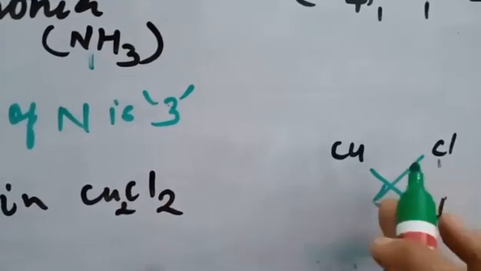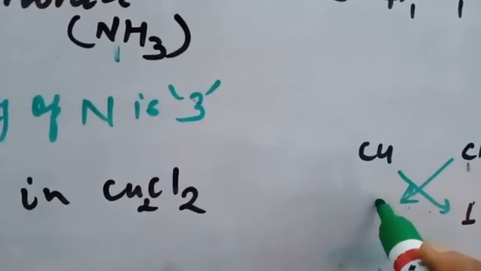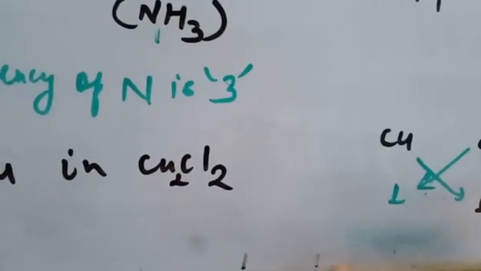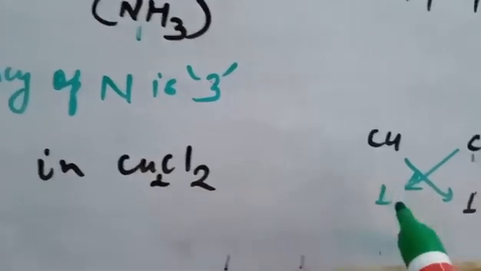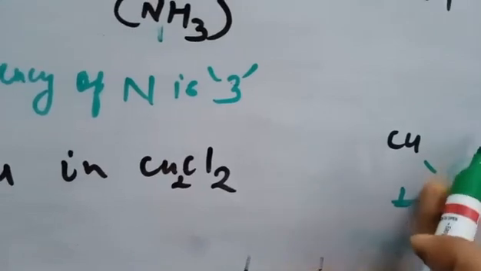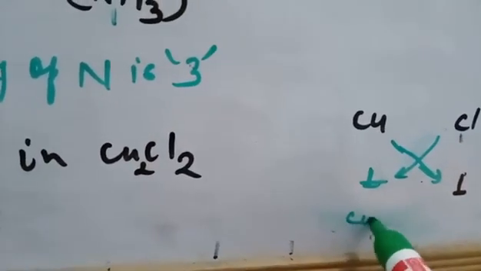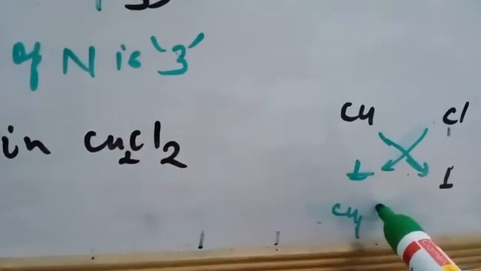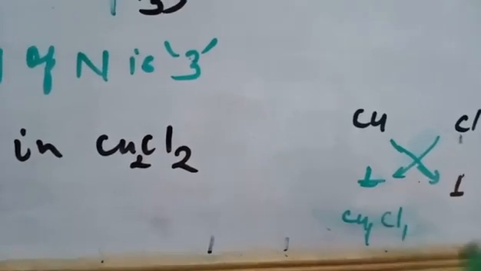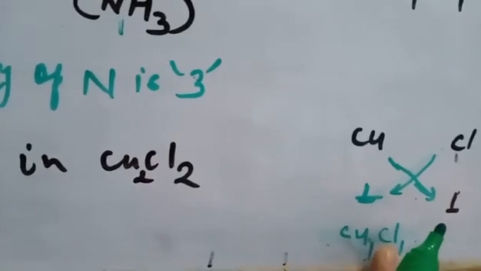Earlier I did it with 2, but the formula we got is not Cu2Cl2. So I have put the valency of Cu as 1, and now I am crossing over this. So again I will get Cu1 and Cl1.